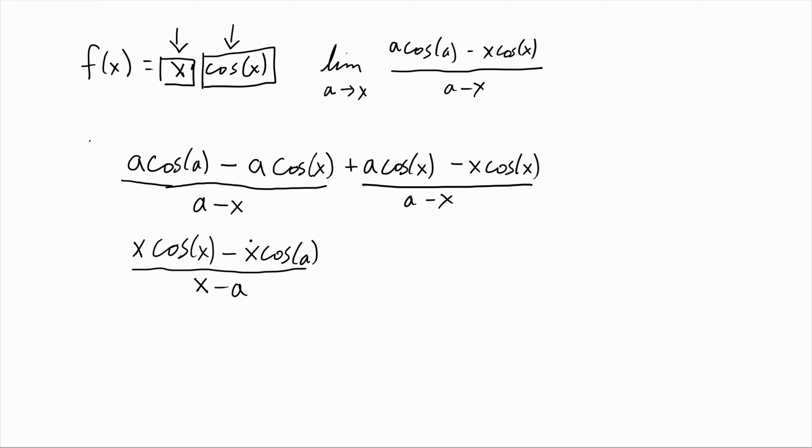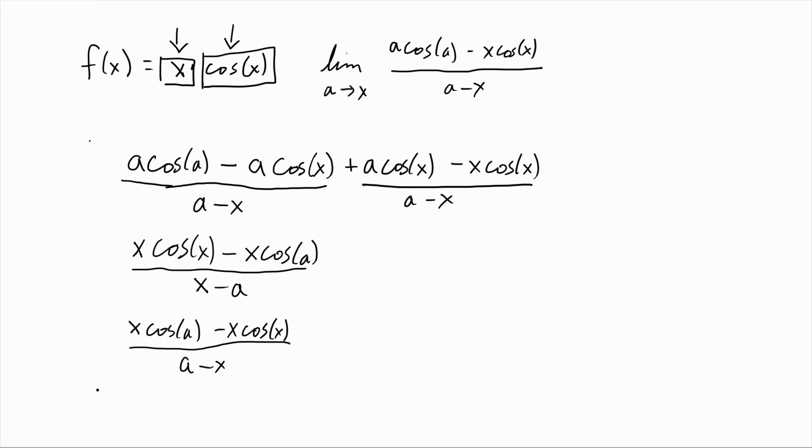And then we can multiply top and bottom by -1, and then let's just see what we have. So we have x cosine of a minus x cosine of x, and all of that is over a minus x. Now, if I were to factor out the x here, realize that a is the thing that's changing in the limit as a approaches x.